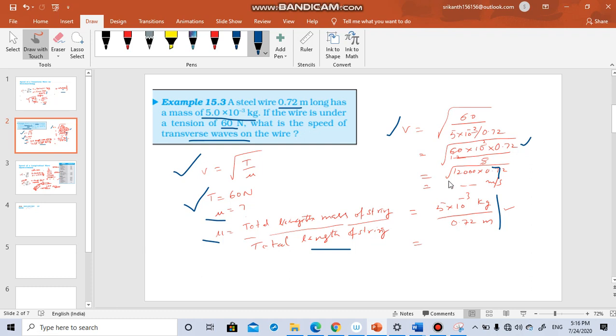I'm using a mouse, as you requested me to, and writing with a mouse is a little difficult, but I'm trying. 92.95 meter per second is what I'm getting. Just verify that.